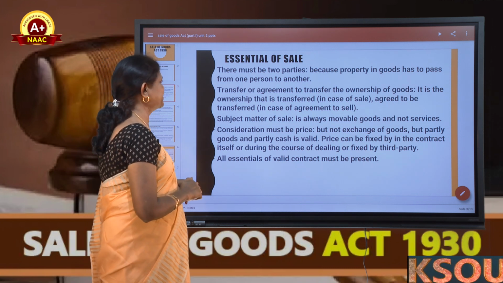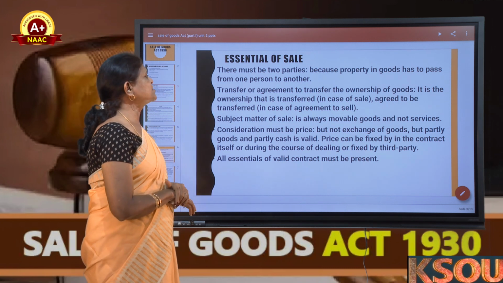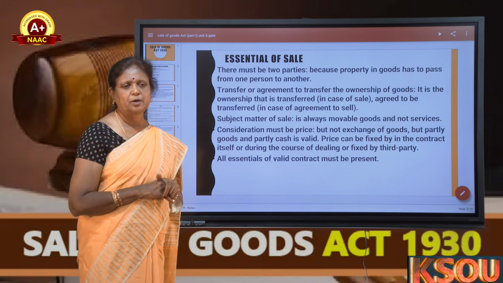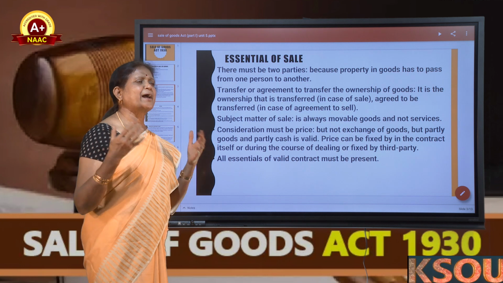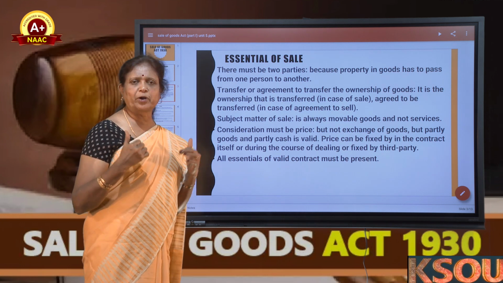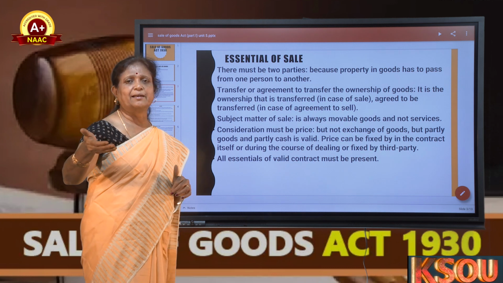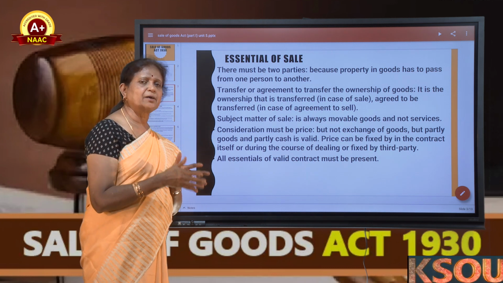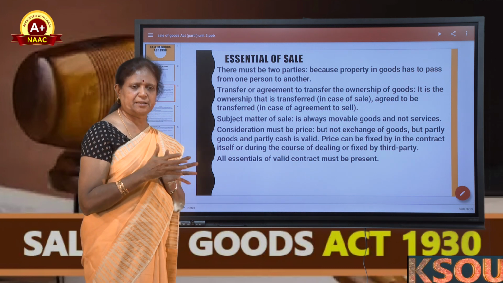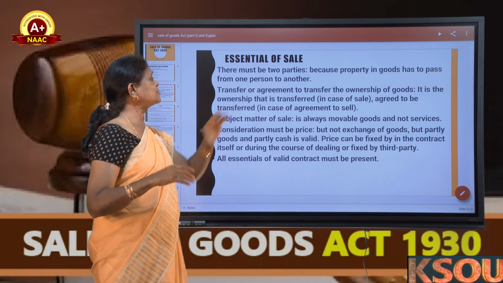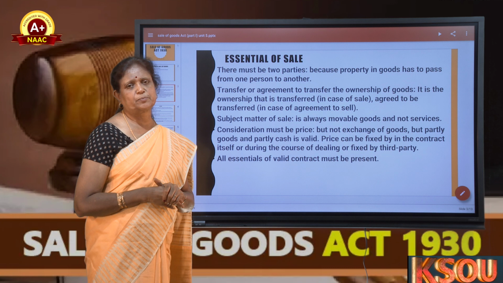It may be a transfer or an agreement to transfer the ownership in goods. For example, I am the owner of a vehicle and I want to sell it. That means I have to transfer my ownership right in the vehicle to the buyer. That is nothing but transfer of ownership of goods.